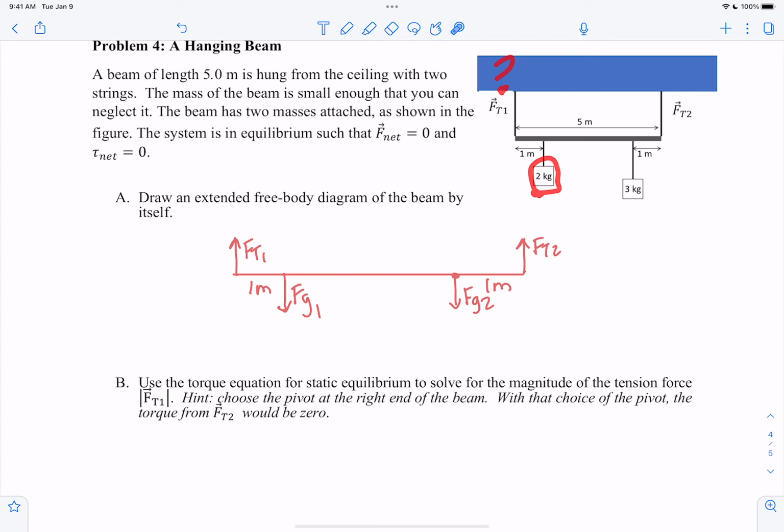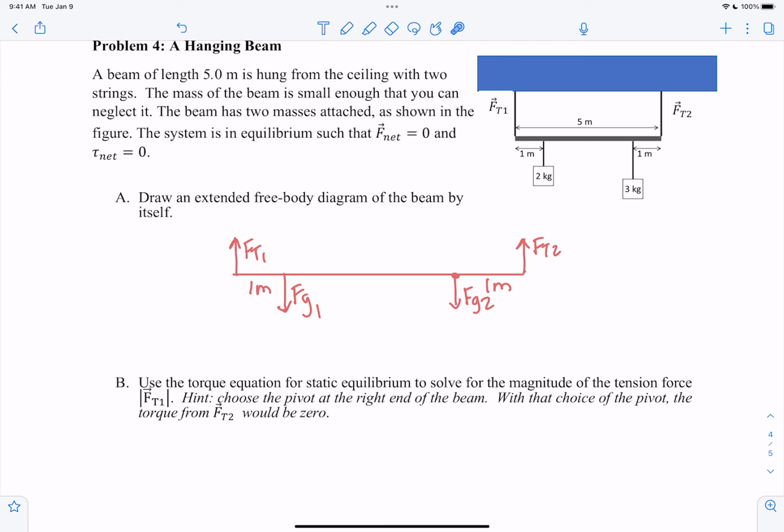We can figure out the weight of this and the weight of this, the forces of gravity due to each one, because we have the mass. But we also don't know what Ft2 is. So we can make Ft2 here our pivot, so that the torque for Ft2 no longer factors into our torque equation.